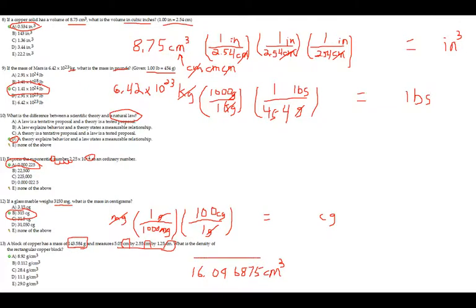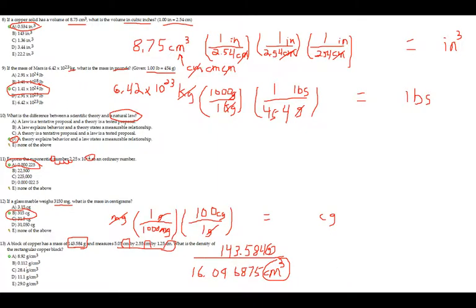A density is mass over that volume. So I simply have to take this 143.584 grams and divide it by 16.09 cubic centimeters, because I want grams over cubic centimeters. That's the unit of density here. Sometimes we set this up a different way, but this is one way to solve this problem.